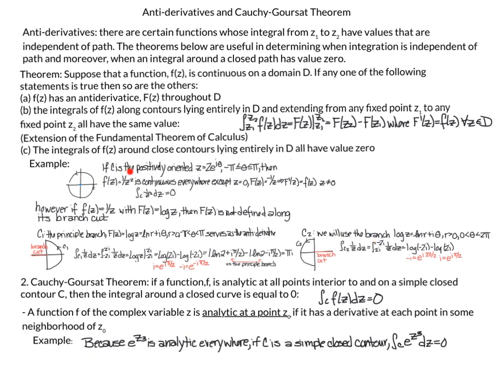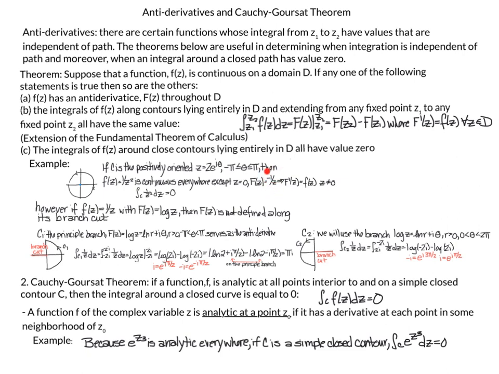Anyway, if C is a positively oriented curve, z equals 2e to the i theta, where theta goes between negative pi and pi, then we can see that 1 over z squared is continuous everywhere except at the point z equals 0. Then f of z, 1 over z squared, has an antiderivative, which is equal to negative 1 over z.